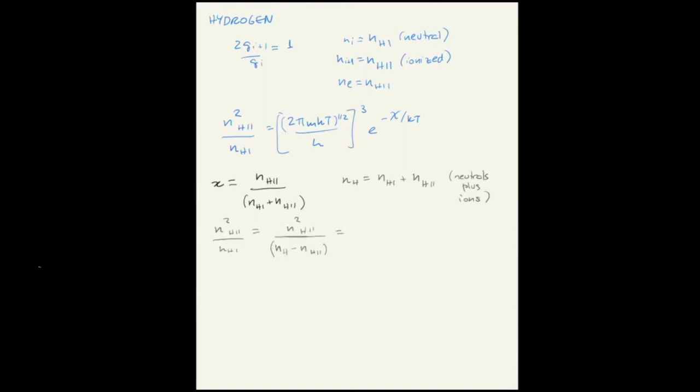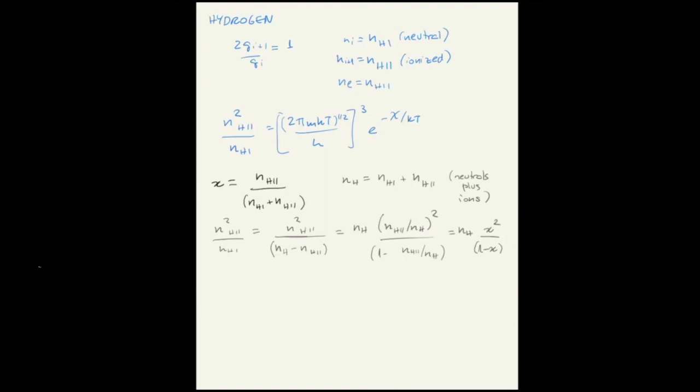Now extract the number of hydrogen atoms so that everything is divided by it. And that is the ionization fraction in there. So what you have here in the end is the total number of hydrogen atoms times x squared over 1 minus x. So Saha's equation is giving you that quantity here, n squared over n of hydrogen, x squared over 1 minus x.